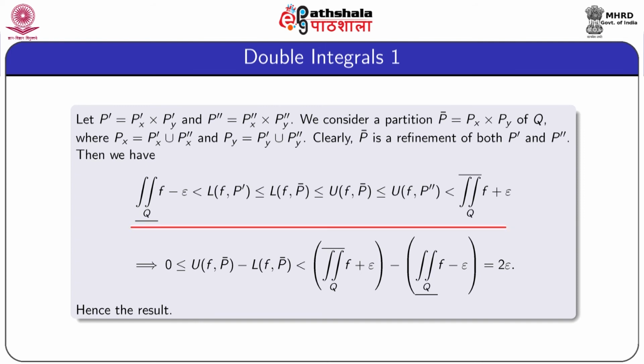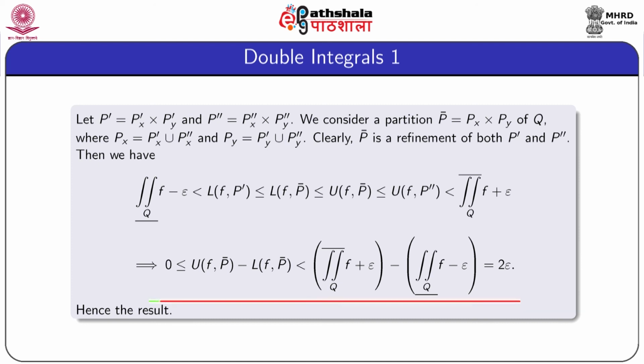Then we have lower integral of f over Q minus epsilon less than LFP' ≤ LFP̄ ≤ UFP̄ ≤ UFP'' ≤ upper integral of f plus epsilon. This implies 0 ≤ UFP̄ minus LFP̄ less than upper integral of f plus epsilon minus lower integral of f plus epsilon, which is 2 epsilon. Hence the result.